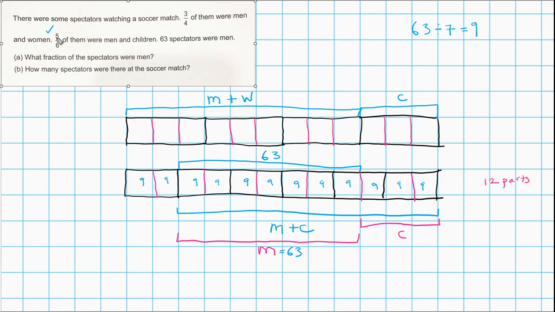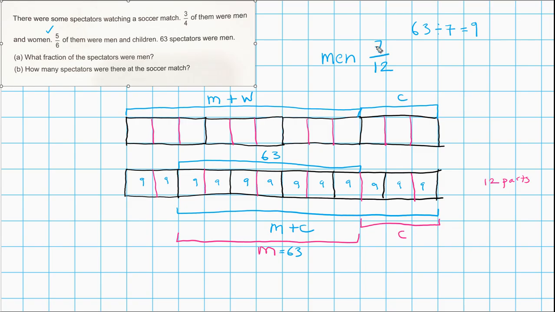So what am I asked? What fraction of the spectators were men? Well, okay. How many parts have I got down here? This is where I've got the number of the men isolated. So there's 12 parts. So we know that the denominator is going to be 12. And we counted these already. That was 7. 1, 2, 3, 4, 5, 6, 7.